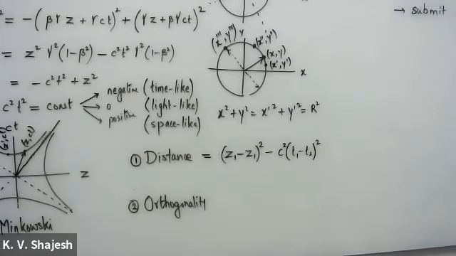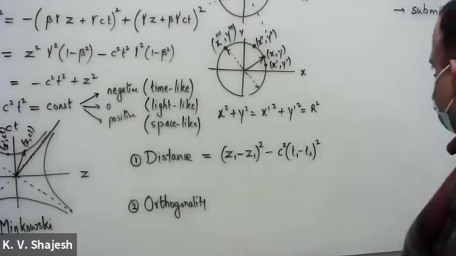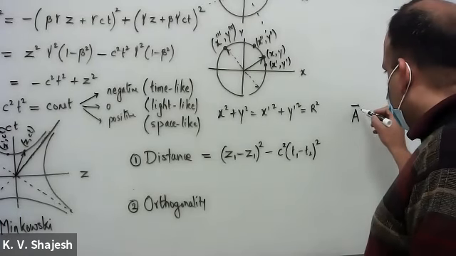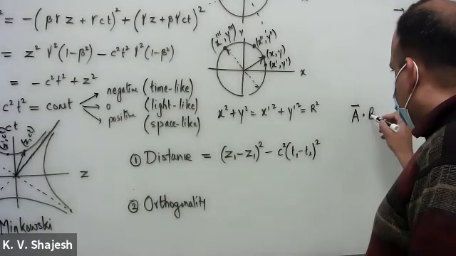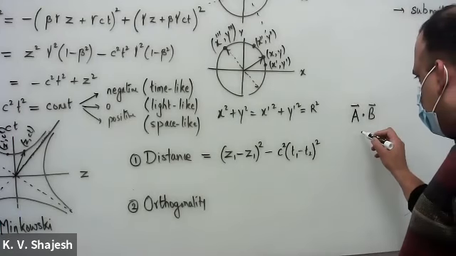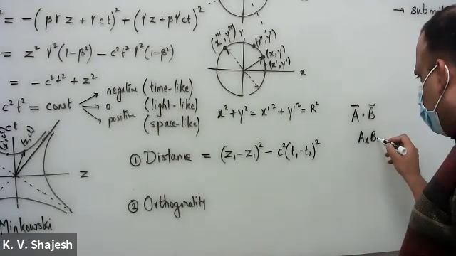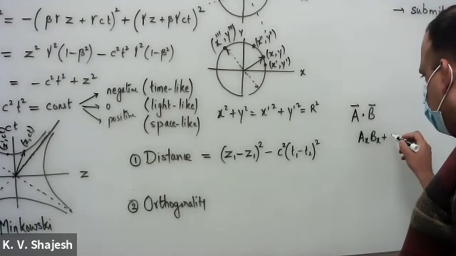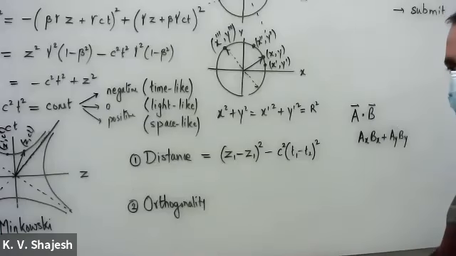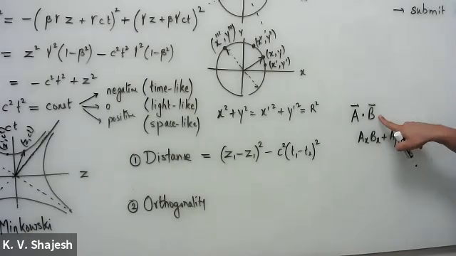You first talk about a scalar product between vectors, A dotted with B. If I have two vectors, A and B, A dotted with B is defined as AX BX plus AY BY. That's what is needed to define my dot product.